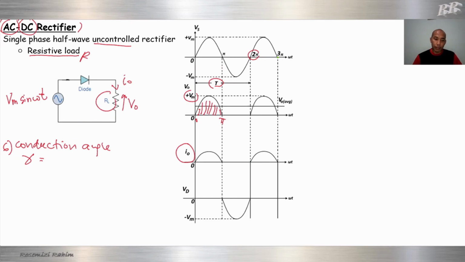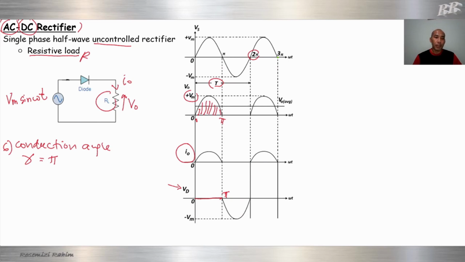Up to what angle does the diode conduct? We just refer to the graph for the diode voltage. In this case, the diode conducts from here until pi. So the conduction angle is equal to pi.